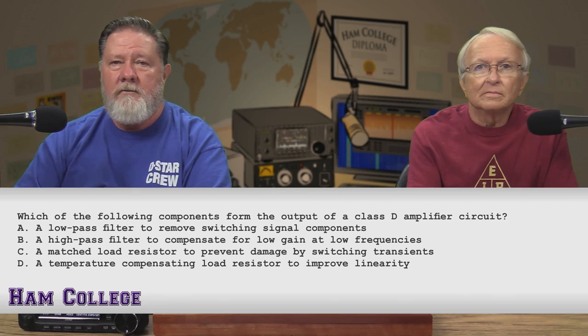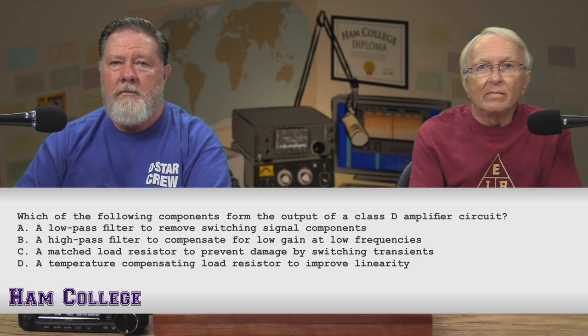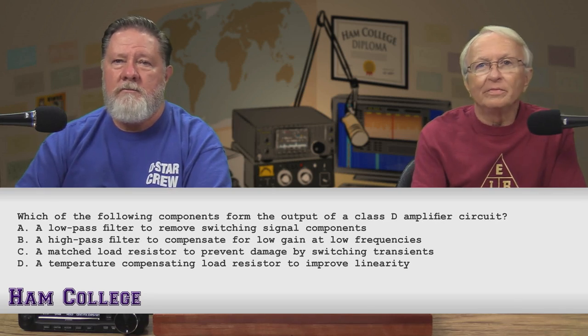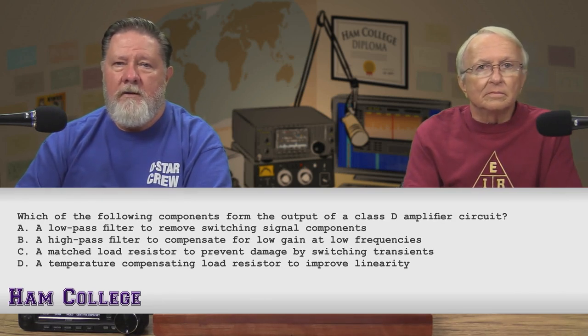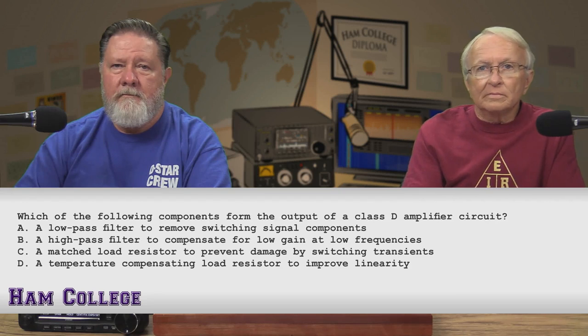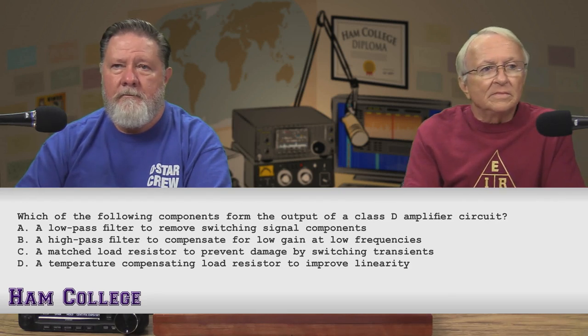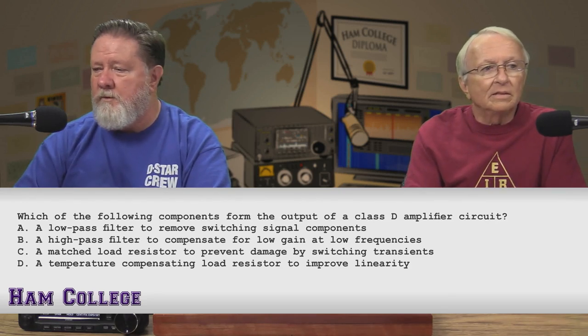Which of the following components form the output of a Class D amplifier circuit? Since it's switching, I'm going to go with A. A low-pass filter to remove switching signal components. What's everybody else saying?